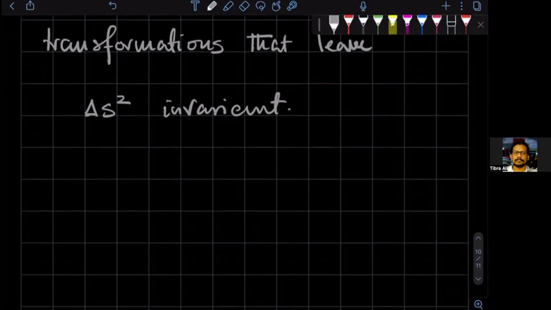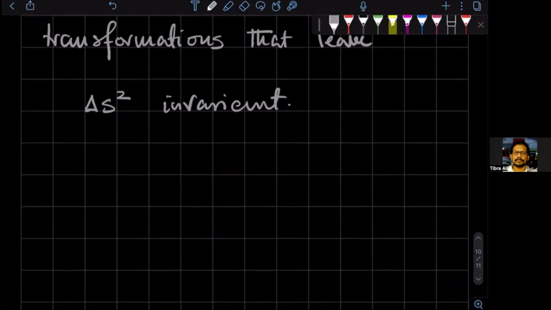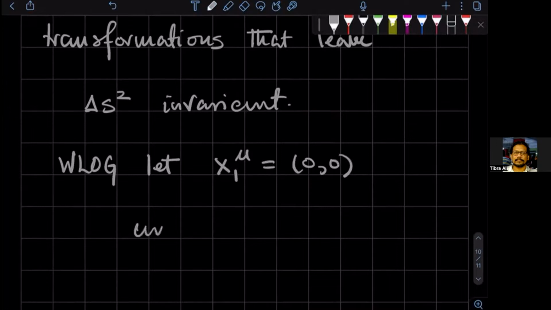So let's put some mathematics to it. Without loss of generality, let x1 of mu be the origin and x2 of mu be just x of mu, right?